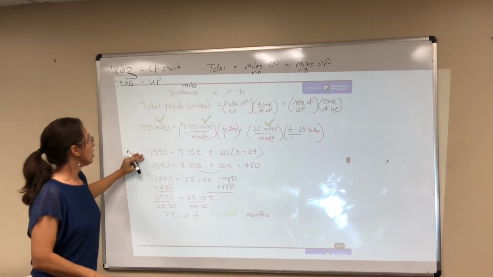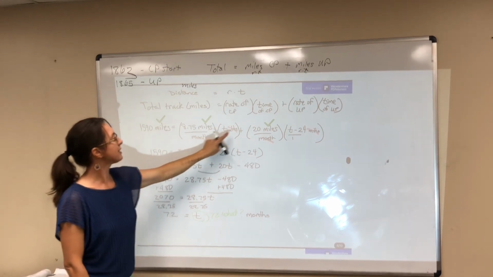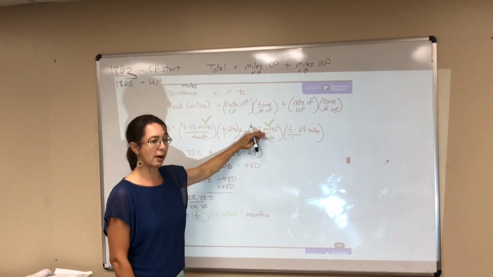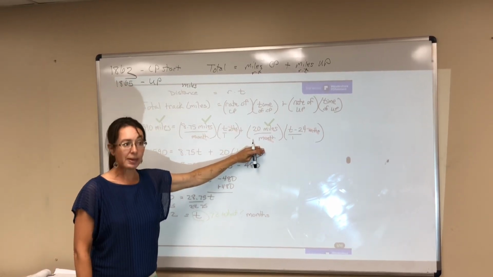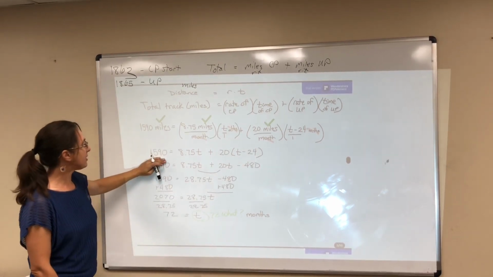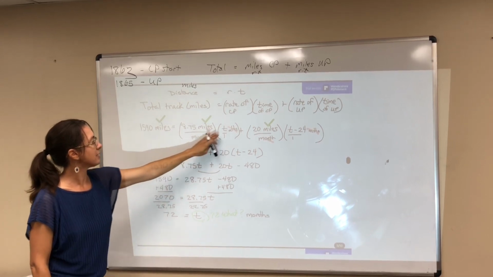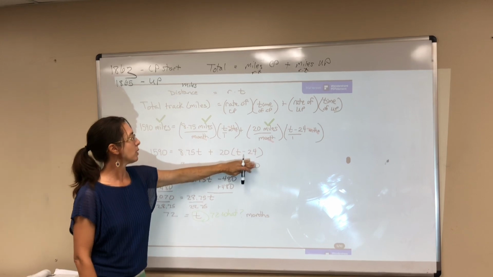So now we've got all of our information, we can plug it in. Our months canceled out and I ended up with miles. So now I have miles equals miles plus miles. Can we add all of those units? Yes, they're all the same. So we have 1590 equals 1.75 times T plus 20 times T minus 24.